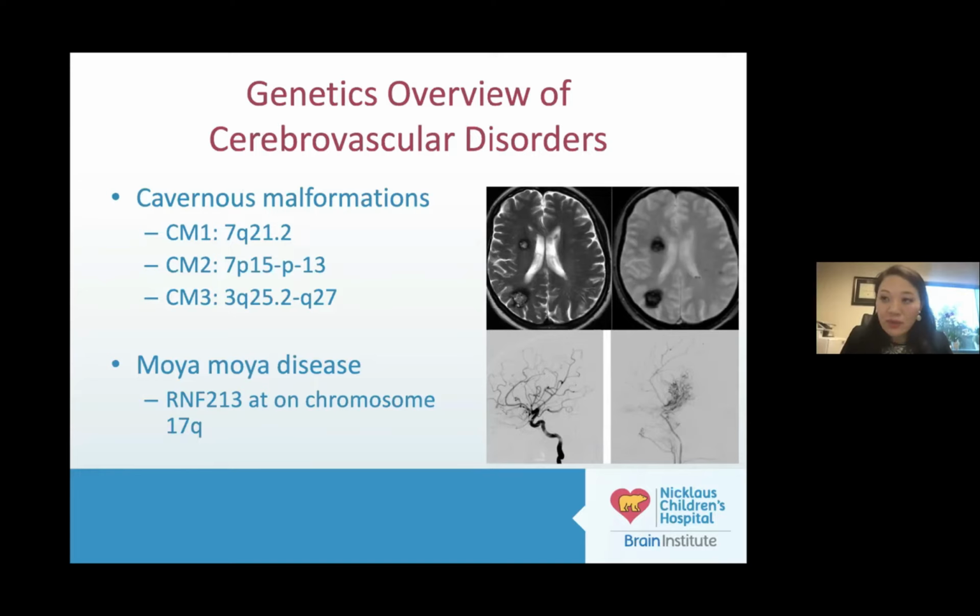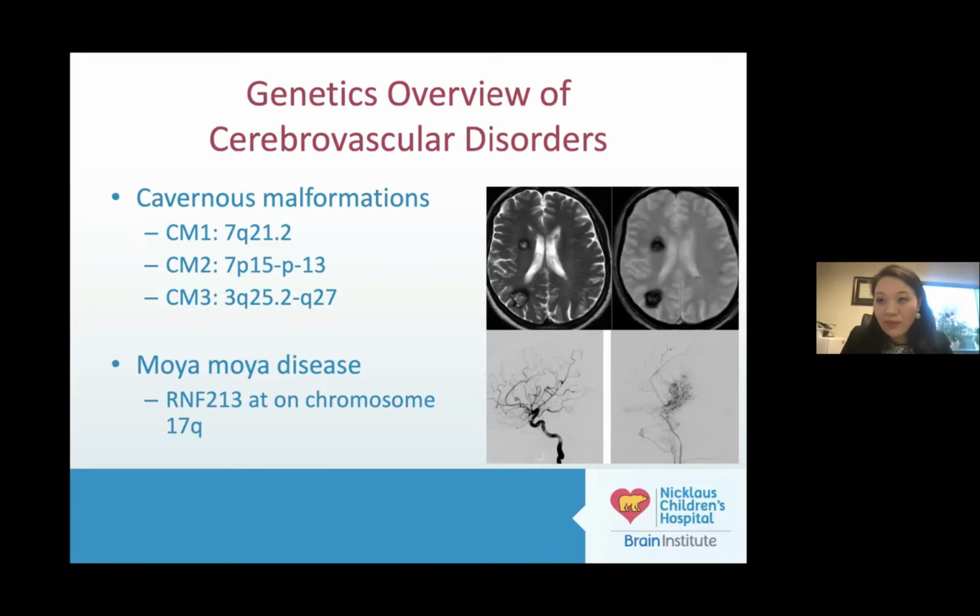It is a progressive cerebral angiopathy characterized by bilateral stenosis of the ICA and sometimes proximal portions of the anterior or middle cerebral arteries. Moyamoya is accompanied by an aberrant collateral vascular network called Moyamoya vessels, as you can see here on this diagnostic angiogram. Moyamoya in Japanese means puff of smoke.